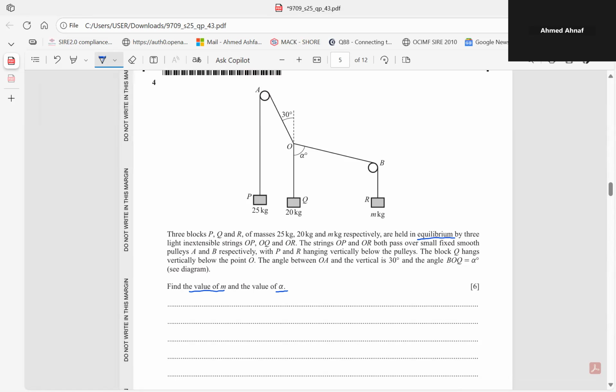To do this question, let's first label all the forces acting on them. Let's first label the weight. For P, that would be W equals mg, so 25g. Q is 20g, and R is mg.